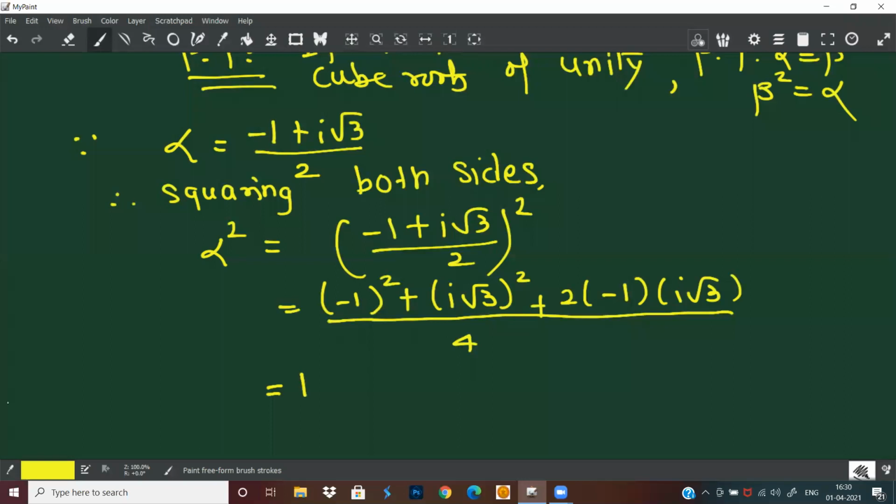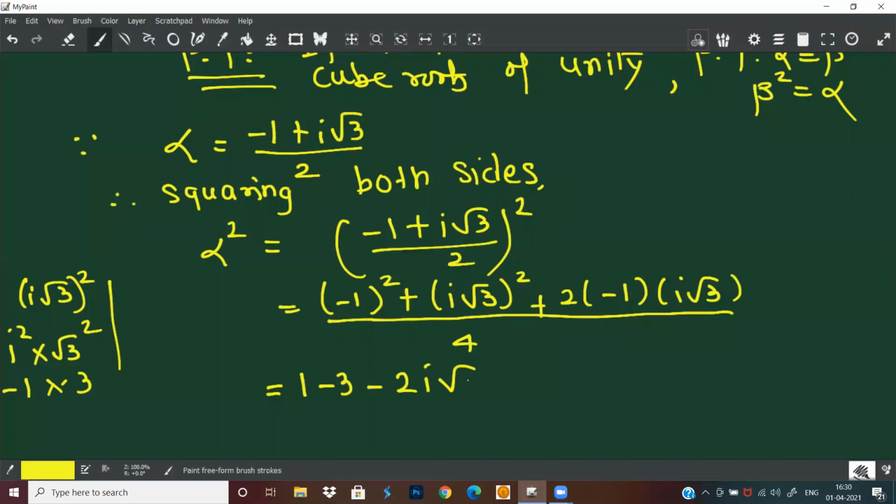Square of minus 1 is plus 1. Now we will square I root 3. I root 3 squared, on the side: it is I square into root 3 square. You don't need to write this. I square is minus 1, root 3 square is 3. So it is minus 3. Then 2AB, so plus into minus, so it is minus 2I root 3 divided by 4. So this becomes minus 2 minus 2I root 3 upon 4.